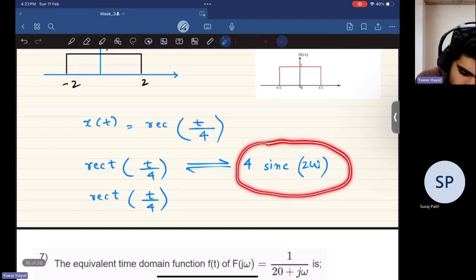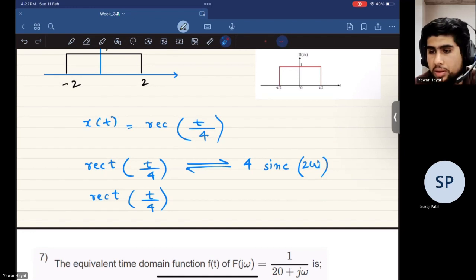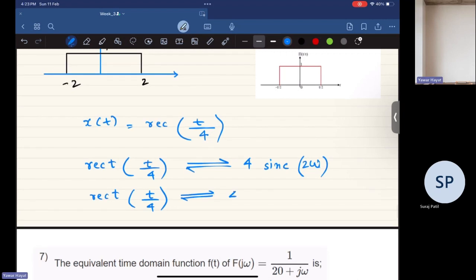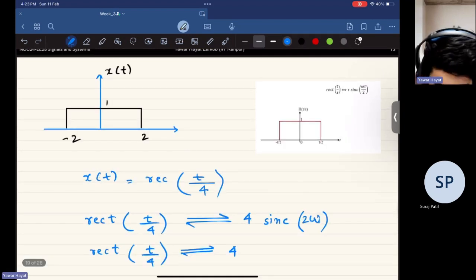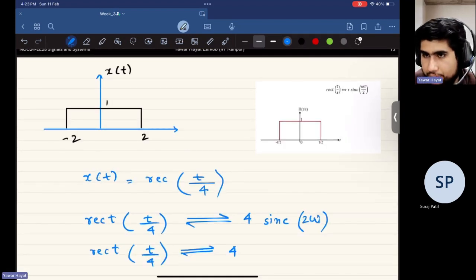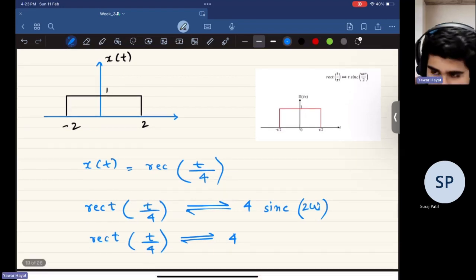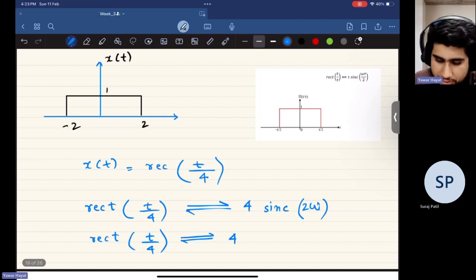Is this part clear? Yes, sir. Okay. So this is 4. Now this sinc function is the unnormalized sinc function. Just make sure you remember that. This is not the normalized one, this is the unnormalized one.